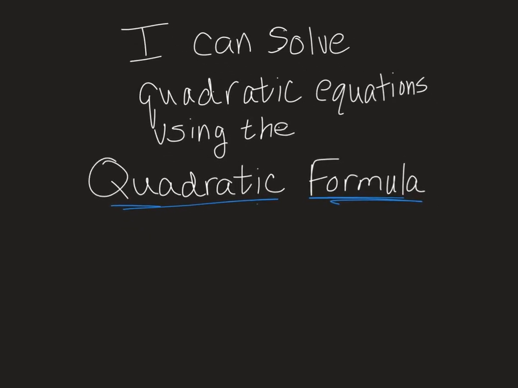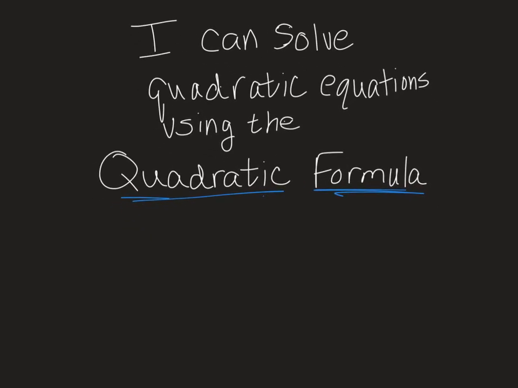And it's just one formula that you need to memorize from here on out if you like, and it'll work for literally every single time you have to solve a quadratic equation.